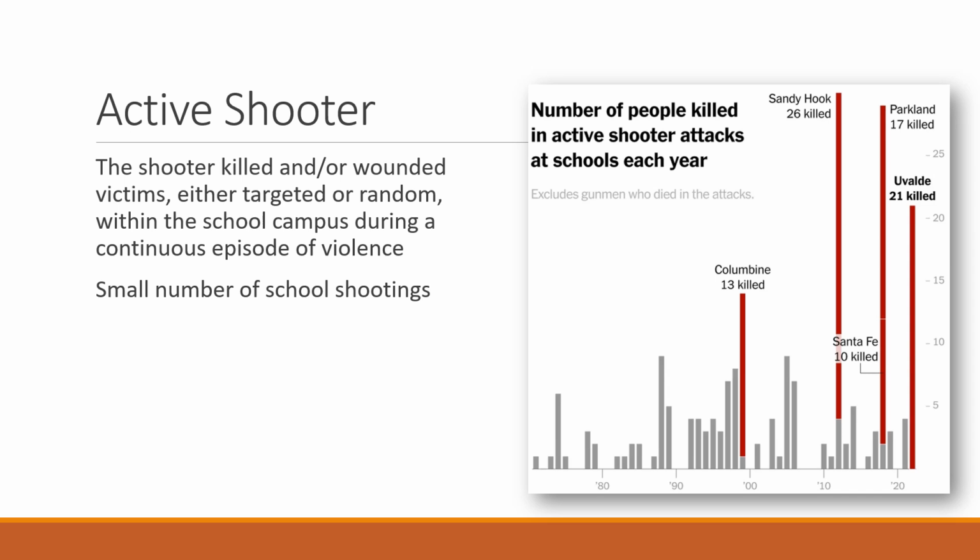We can see from the graphic, which is showing us the number of people killed in active shooter attacks at schools each year, that active shooters on school campuses, this is not something new. What is new is the number of casualties that result from each incident.